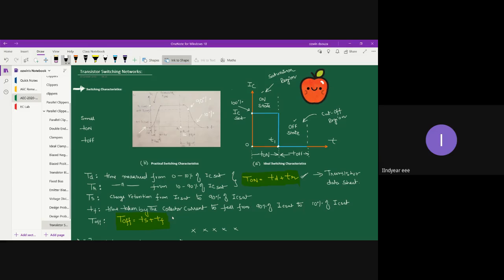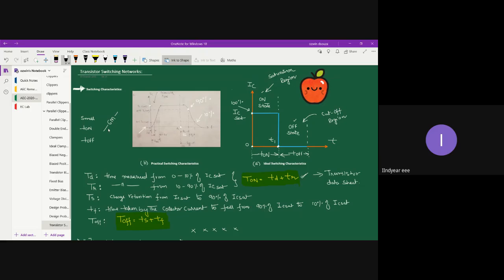Storage time is the time taken by the transistor to push the minority charge carriers to the majority carrier state, and fall time is the time taken by the collector current to fall from 90% of IC saturation value to 10% of IC saturation value. This transistor switching characteristics question is normally asked for 6 marks.